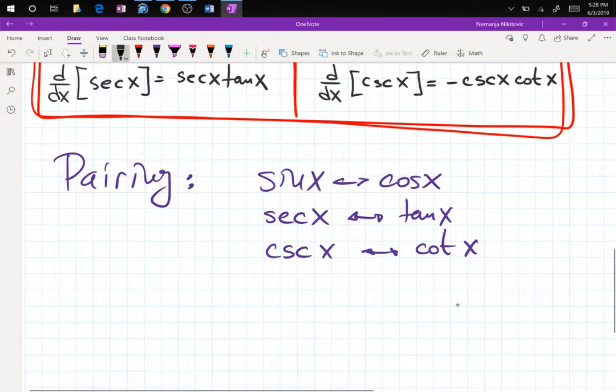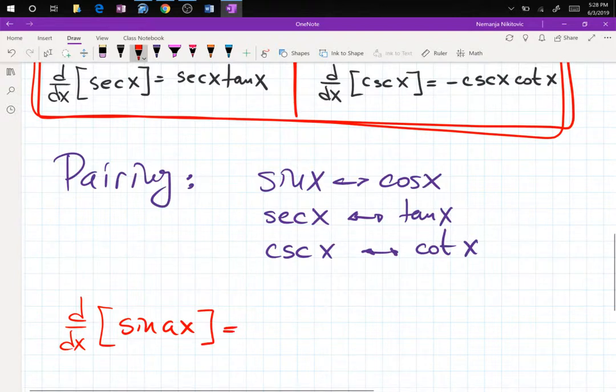So most of the time, you are going to see the derivative of sine ax, where a is some number. Could be a half, could be 3, whatever. And these are the ones that you should be spending time with. The derivative of sine is cosine, so the answer is a cosine ax.